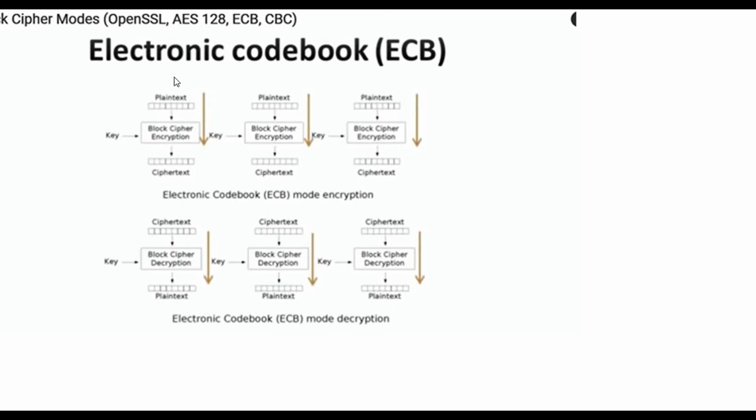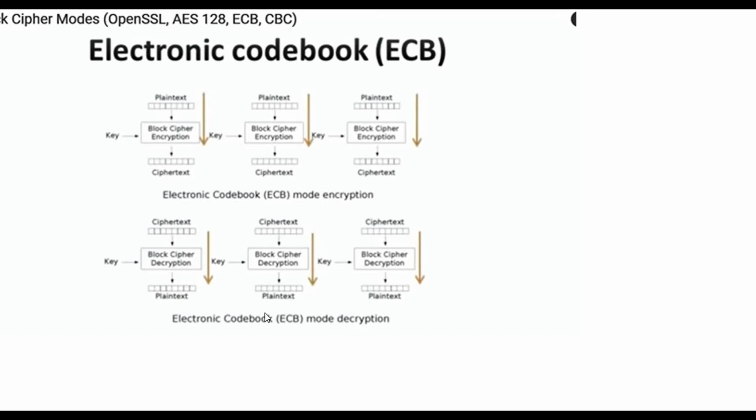So if we have an input of 1, 2, 3, 4 and the block size is 4, then 1, 2, 3, 4 goes in here, then 5, 6, 7, 8 goes in here, then 9, 10, 11, 12 goes in here. So blocks of 4 are worked upon separately with the help of the key, and the ciphertext results. The decryption happens the same way.